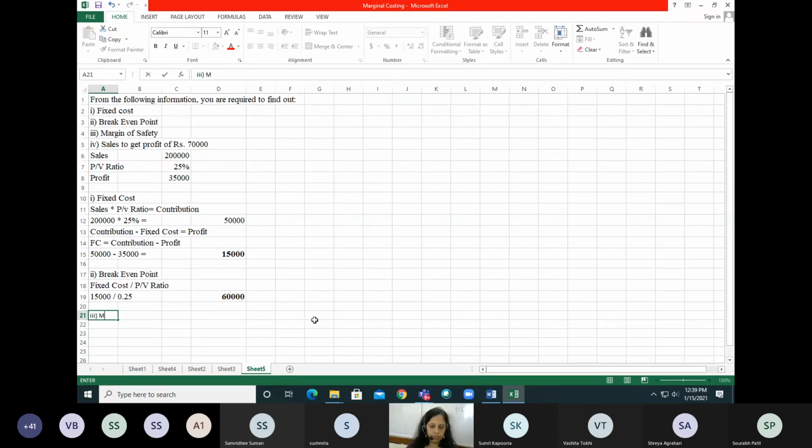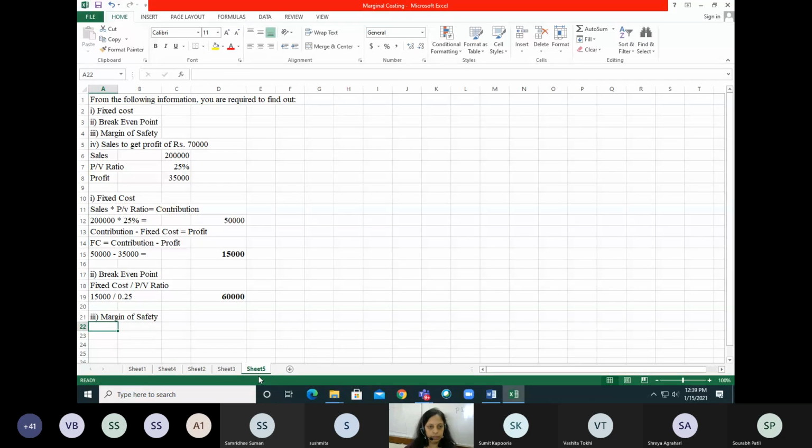Now we will go to the third part, margin of safety. Tell me the formula. Profit by PV ratio. That is the first one. Generally, we will use the first one: actual sales minus break-even point. Actual sales are given in the question.